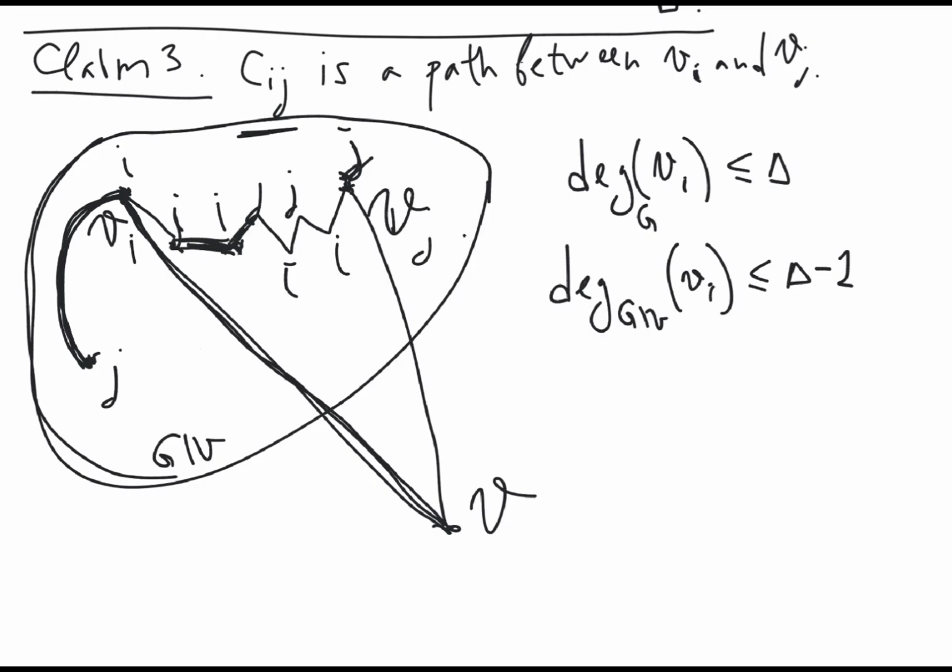Now this vertex Vi, in this graph G minus V, has degree at most delta minus 1, and it has two adjacent vertices of the same color, right? So what are basically the options to color Vi?